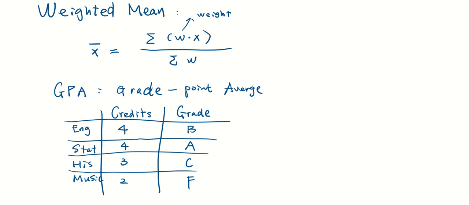We know that when you get an A, you get 4 points, B is 3 points, C is 2 points, D is 1 point, while F is 0 points. So if you convert your grades to points, this will be 3 points, this will be 4 points, this will be 2 points, and that's 0 points.